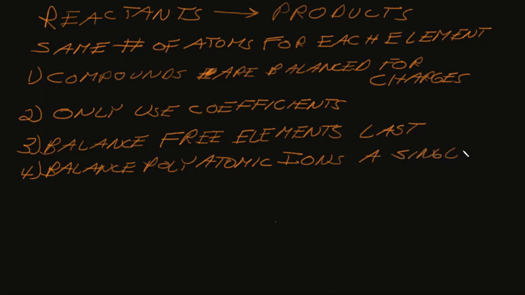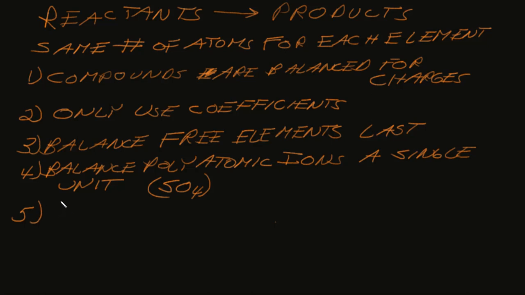If that polyatomic ion shows up on each side of the equation, balance it as a single unit. That's why I like to put my polyatomic ions, and we're going to use sulfate here, in parentheses. It's much easier to balance this as a single unit than try to break it up into 1 sulfur and 4 oxygens.